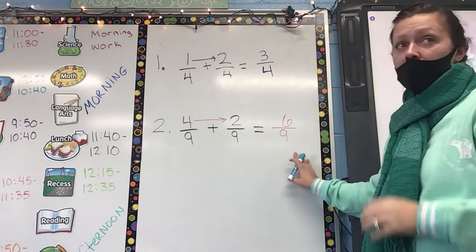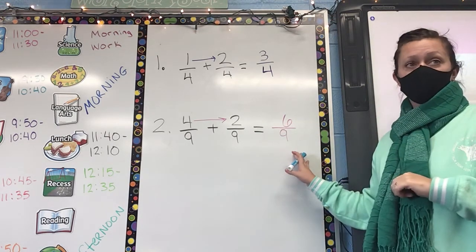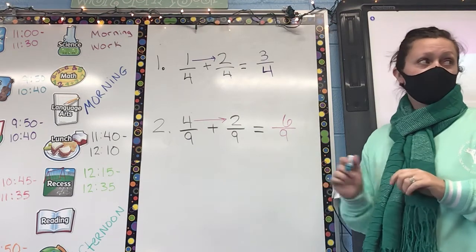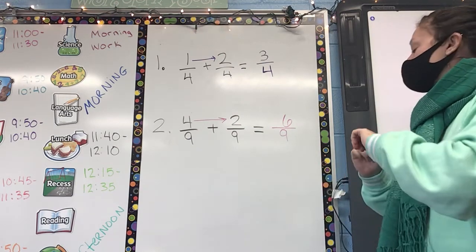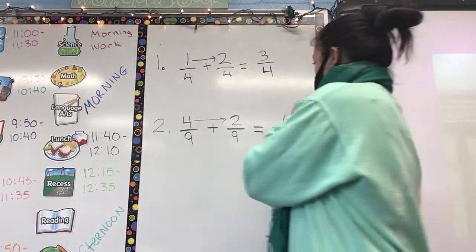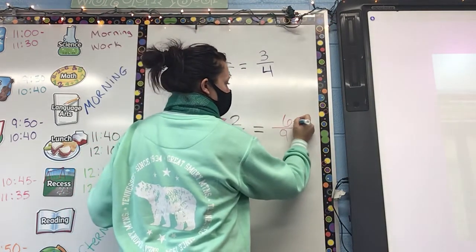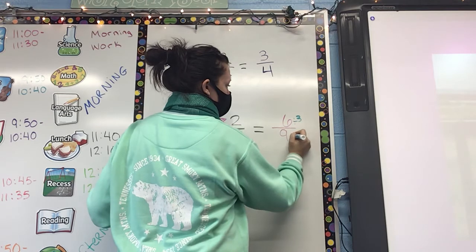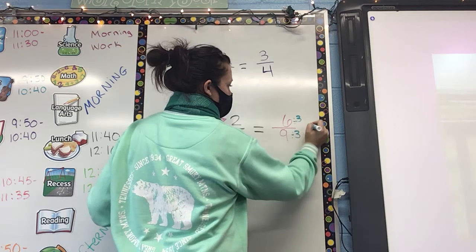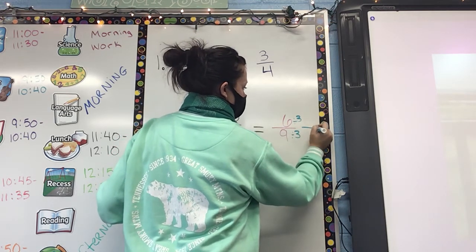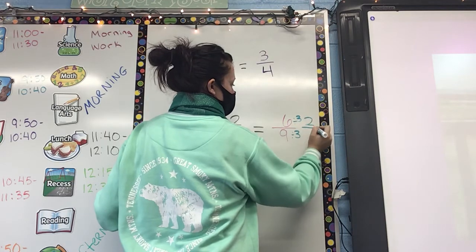If you do not, you are going to get it wrong. Ladies and gentlemen, I have lots of friends who are going to forget this step. All right, what is a common factor here that I could divide them both by, Hannah? Very good, 3.